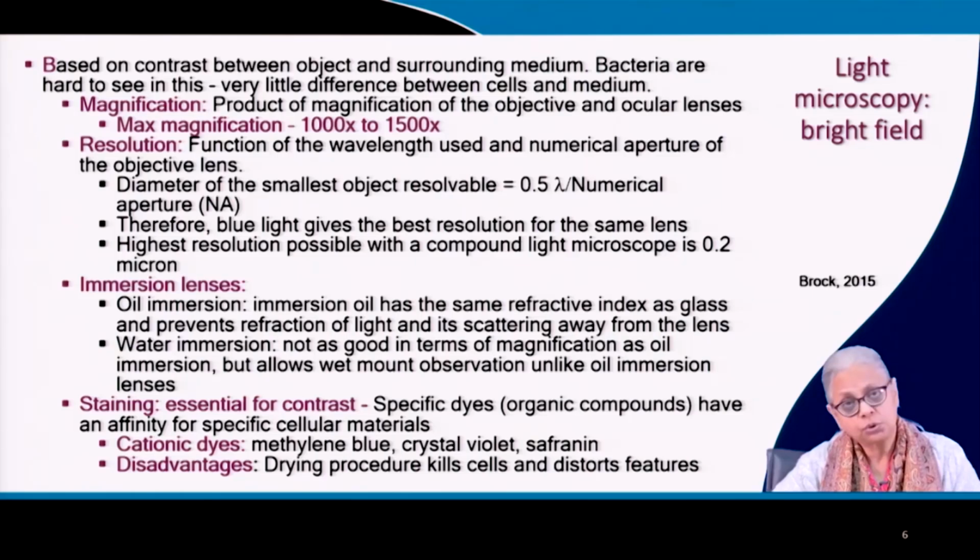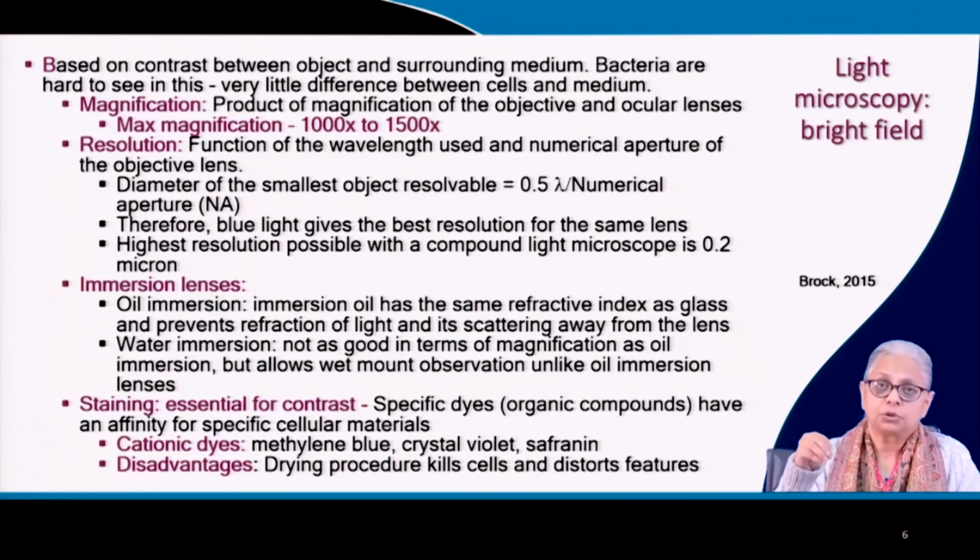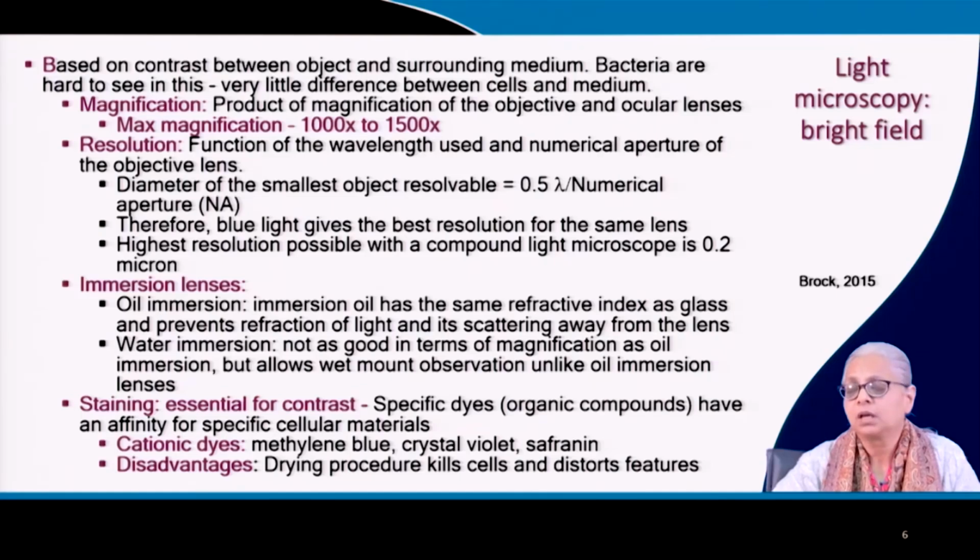And even though water gives you somewhat better results than air, the biggest advantage is that you can look at wet mount. I can tell you again from experience that if you take a drop of water and you just want to play around and look at what is there in a pond or a river water sample, you don't put a cover slip on it, you allow the objective lens to be immersed in the drop of water.